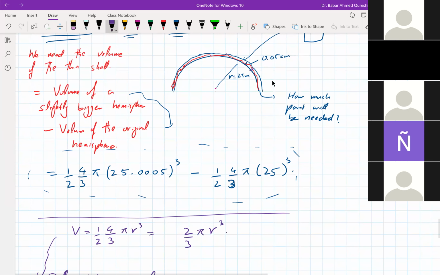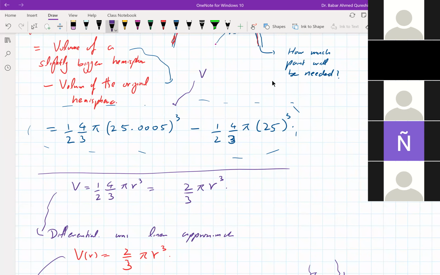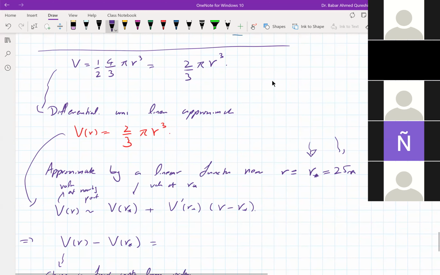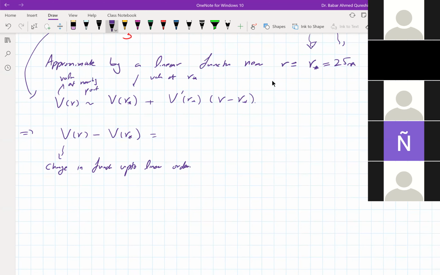There will be an exact value which I can compute from here. This is the exact value. But I just compute a linear one, so let me write it as L, a linear approximation. And this is just the derivative evaluated at your special point.